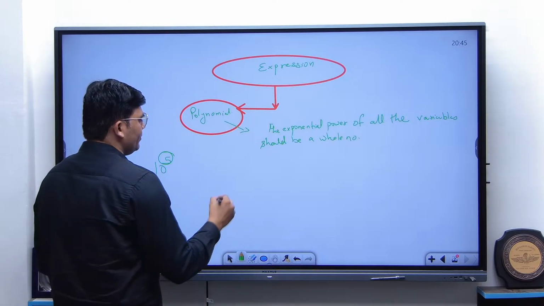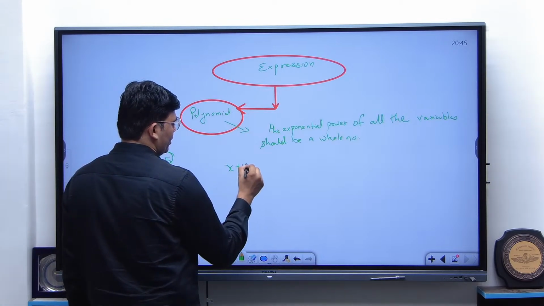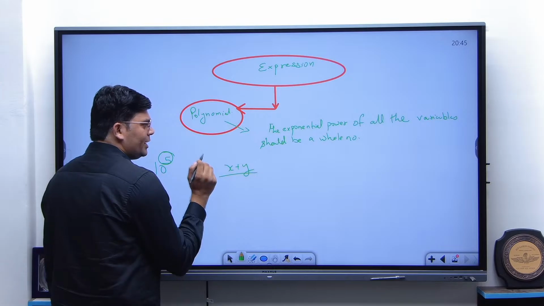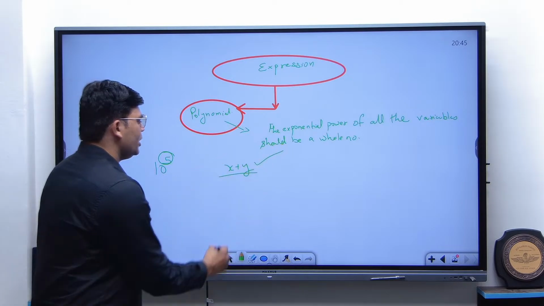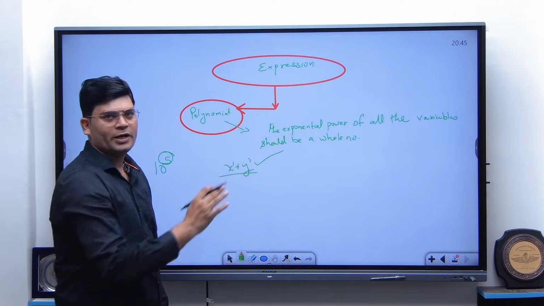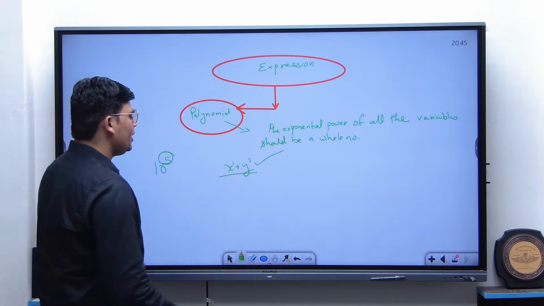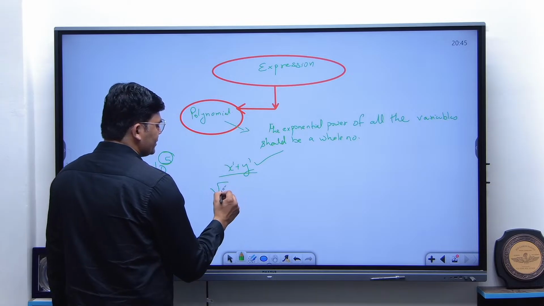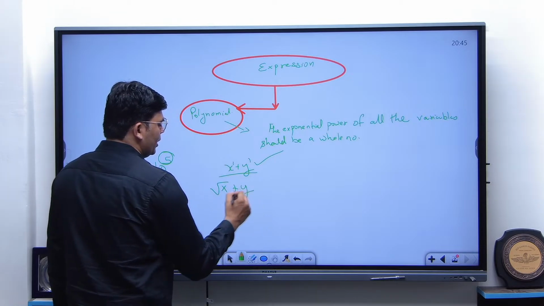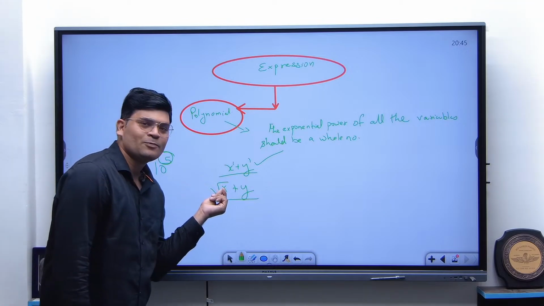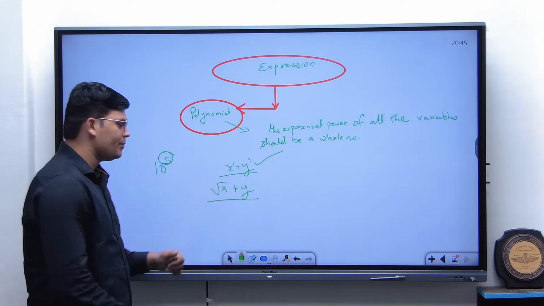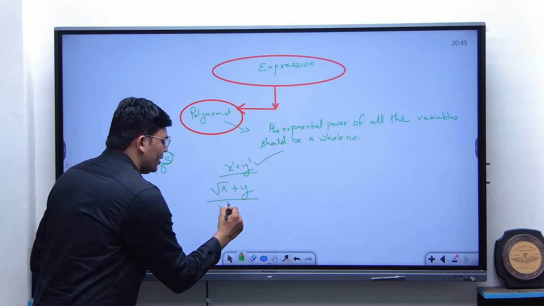Suppose I am writing x plus y, and if I ask you, is it a polynomial, you will say yes, it is a polynomial, because the exponential power is 1 in this case. But if I ask you under root x plus y, is it a polynomial? It is not a polynomial, because the exponential power for this x is represented by 1 by 2.